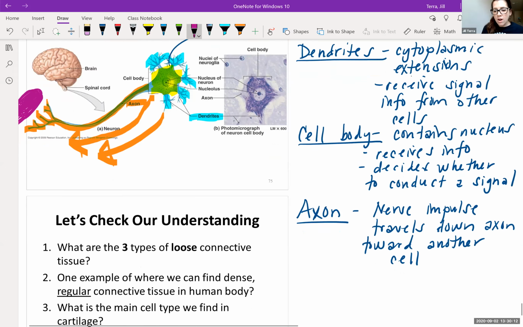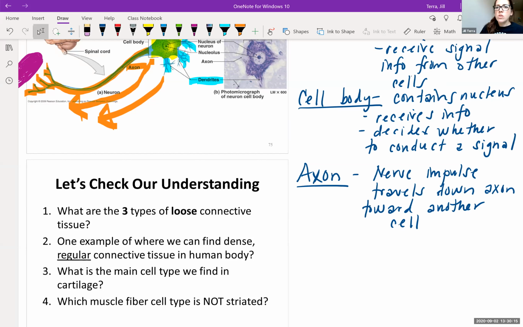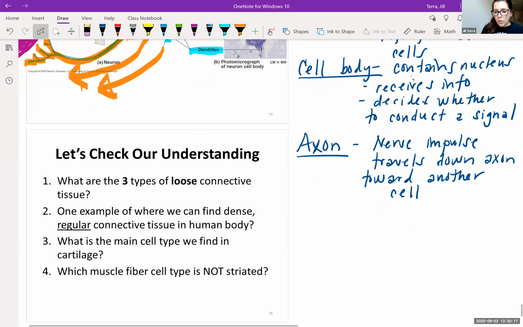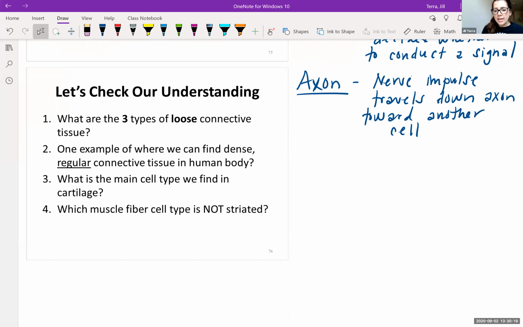All right, let's check our understanding here. So, number one, what are the three types of loose connective tissue? So loose connective tissue, first of all, the class is what? Can you remember what class loose connective tissue falls into? Pause it, think about it. See if you can find the answer without looking at your notes.